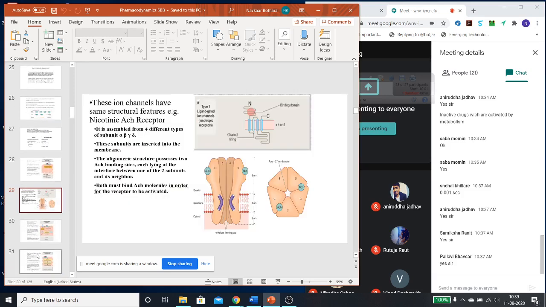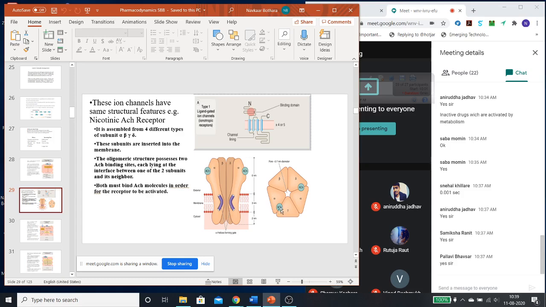So they have a similar function to that of nicotinic acetylcholine receptors. It will bind. This is the receptor structure, and these are the alpha, beta and delta types of protein subunits, and they form the structure like this.